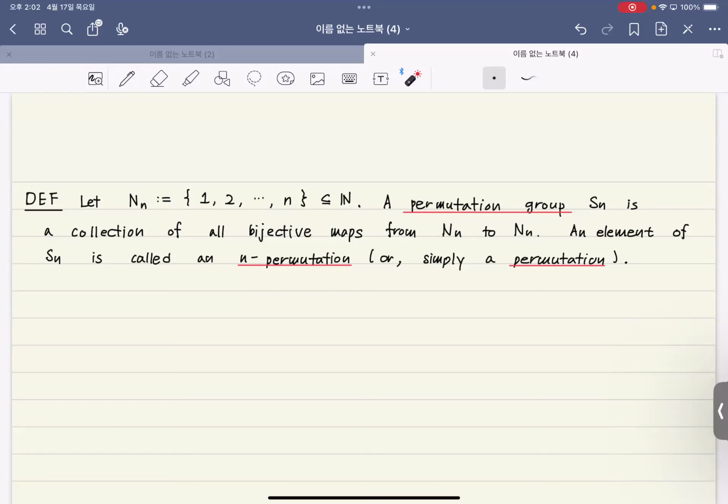Actually, this is a finite set, right? Because we are talking about functions between finite sets. So S_n also must be finite; there have to be finitely many bijective maps from N_n to N_n. So here is my quick question.